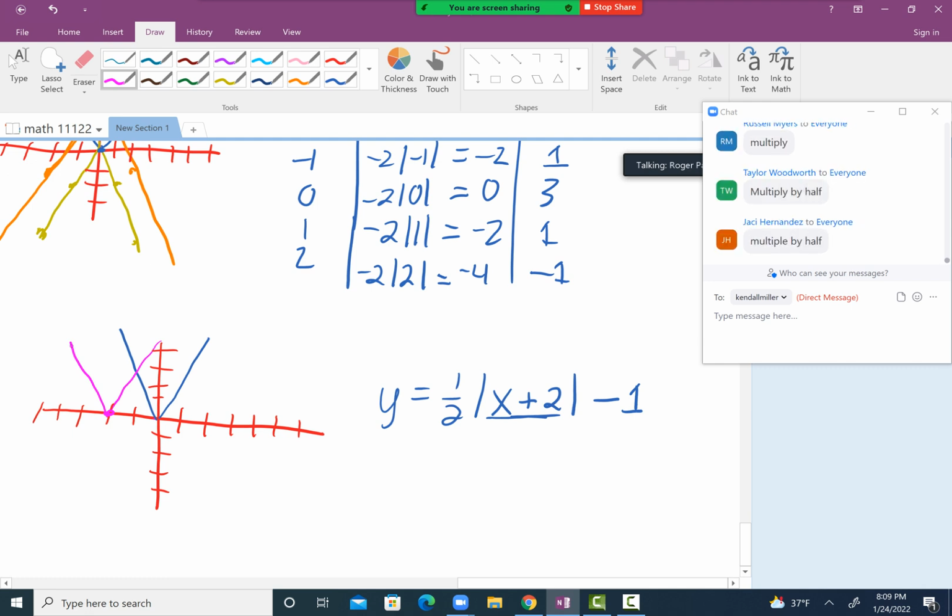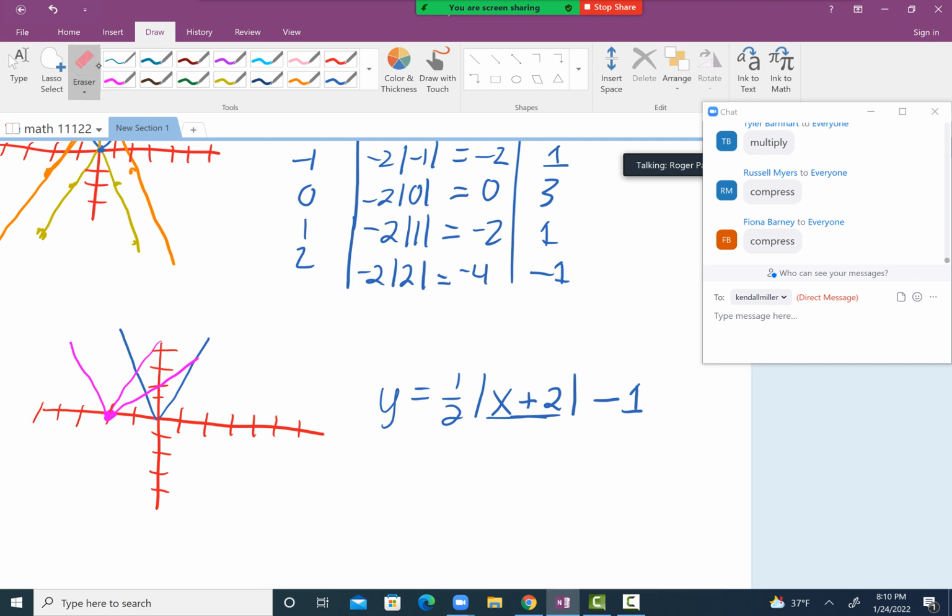Good. Multiply by half. Awesome. So you're seeing it now, right? So we're going to multiply by half. Well, what does that do to the graph? Yeah, it's a compression. Good. So I'm still going to have this same point, but instead I'm going to widen it out a little bit.